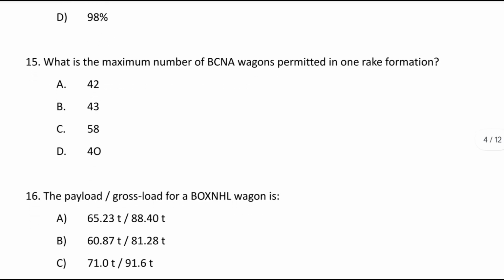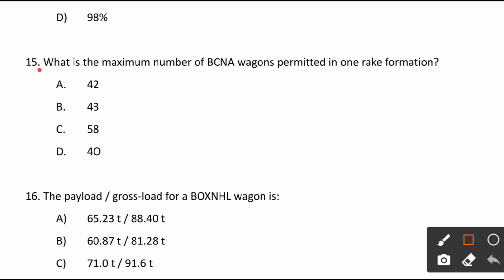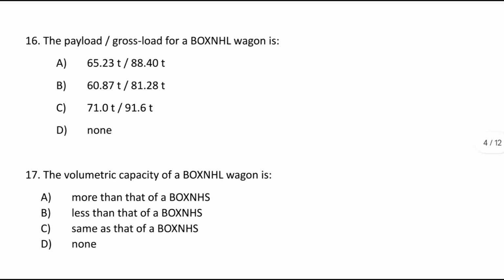15. What is the maximum number of BCNA wagons permitted in one rake formation? A. 42, B. 43, C. 58, D. 4. In this question, the correct answer is A. 42. 16.